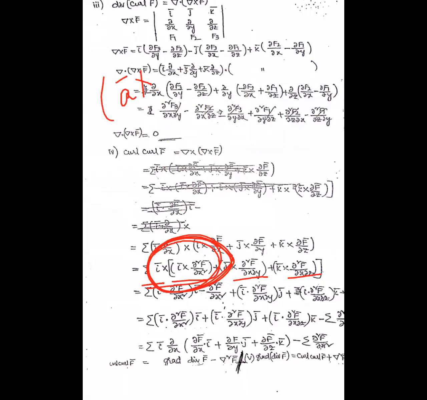A bar cross B bar cross C bar for three vectors. First we multiply 1 into 3 with a cross, but in the result we get a dot.